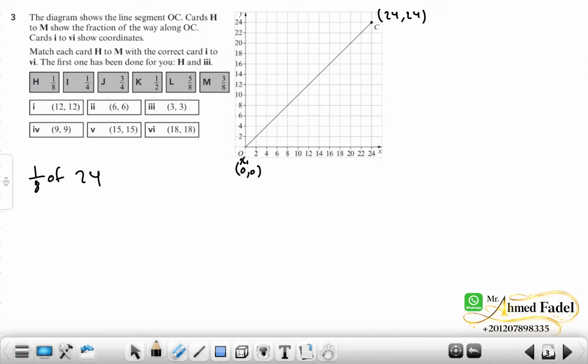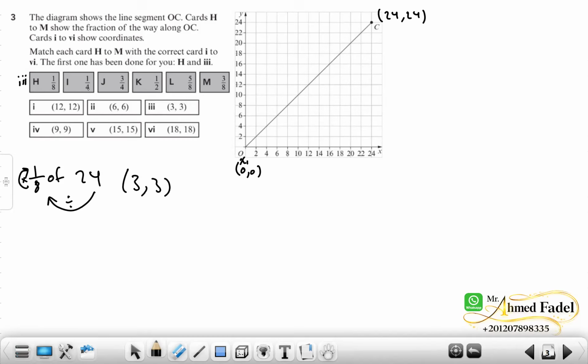So it is 1/8 of 24. I divide 24 by 8, which is 3, and 3 times 1 is just 3. The same for y, 1/8 of 24 again, so it's 3, 3. This is triple I. So H is triple I.